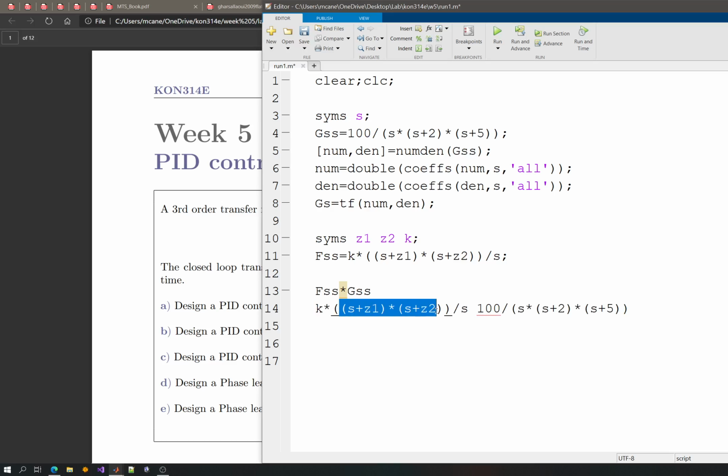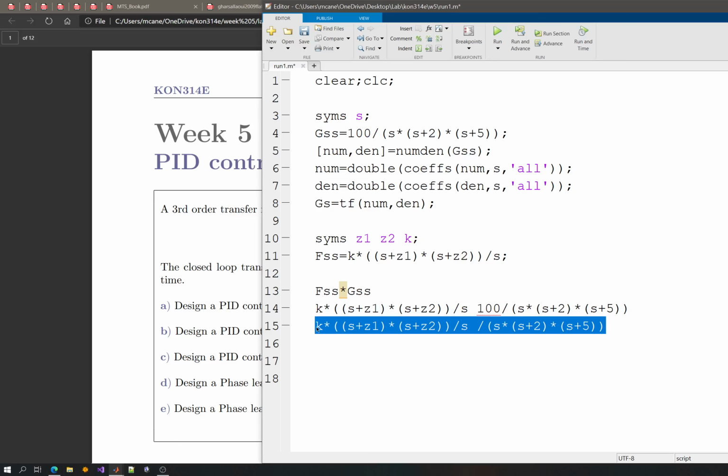I have these zeros, and I'm adding the pole to the poles of the system, and then I have a gain. I need to add this gain here. So basically, I have to take this 100 value here. It should be 100 times k times that. There will be no other zero, but divided by this, and this s becomes s squared. So this looks like I'm actually using a different system for the root locus approach. You can see that this colored thing here can be a different system if I know z1 and z2.